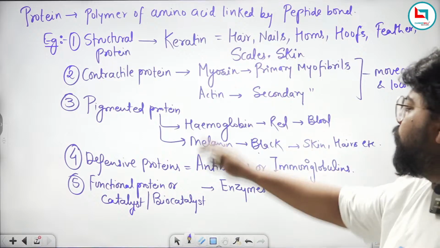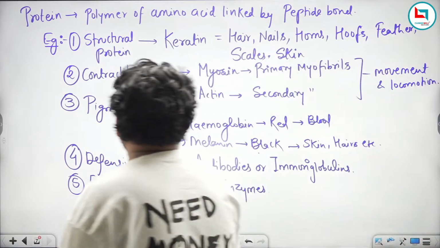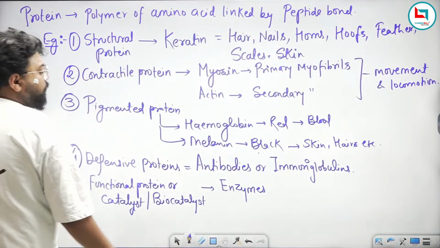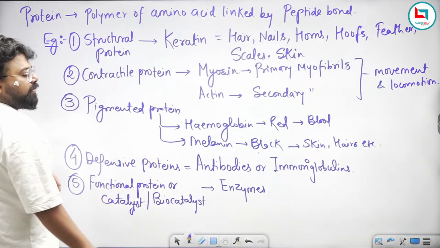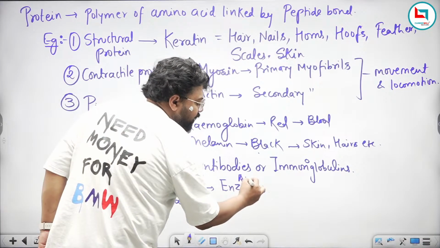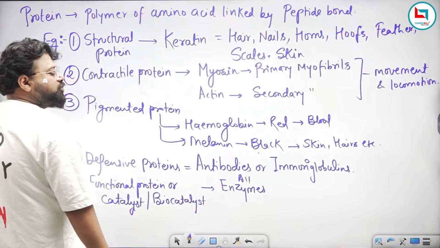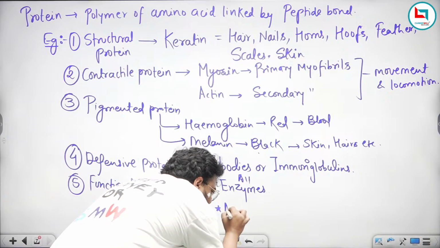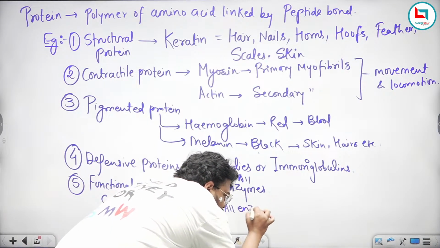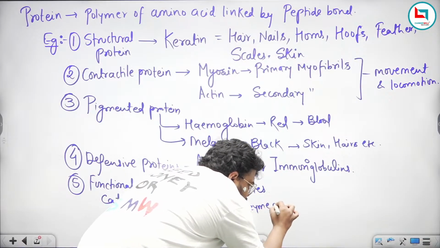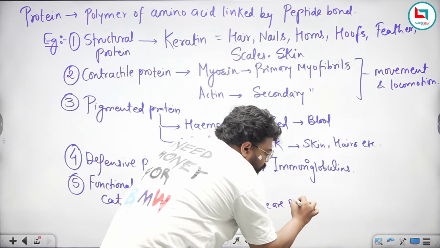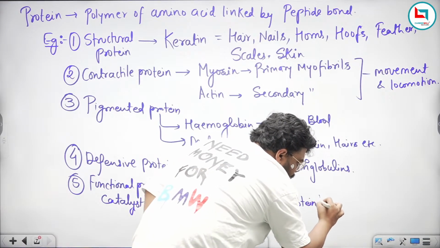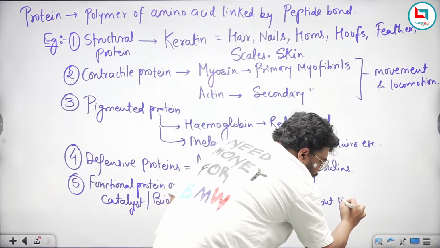That's why these are known as functional protein, catalytic protein, or biocatalyst. So all enzymes of our body are proteinaceous in nature. But there is a statement: all enzymes are protein, but all proteins are not enzymes.